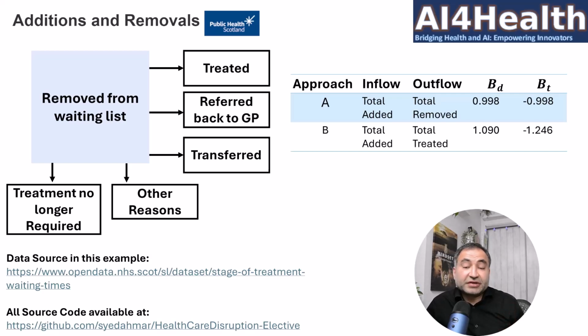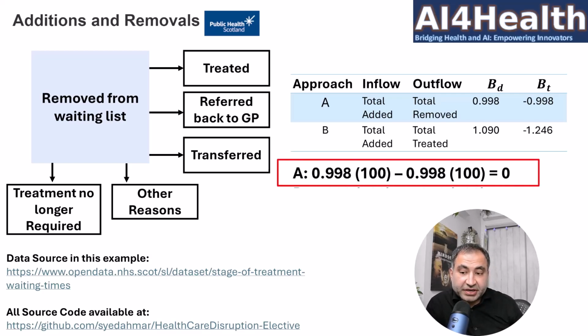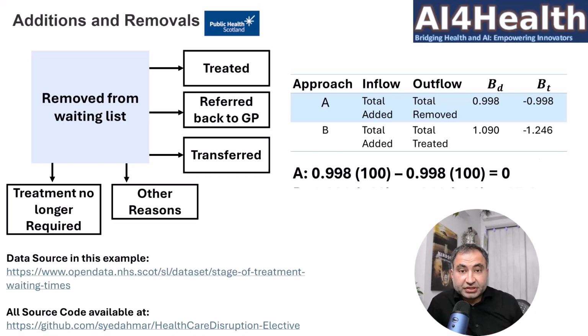So let's work out the change in waiting list in a given time period, assuming that we have an inflow of 100 patients and an outflow of 100 patients using these two approaches that I just described. Based on our first model, the change in the waiting list will be 0, because it would be 0.998 multiplied by 100 minus 0.998 multiplied by 100, which will give you 0. Based on our second model though, the change in waiting list in the same scenario would be a reduction of 15.6.